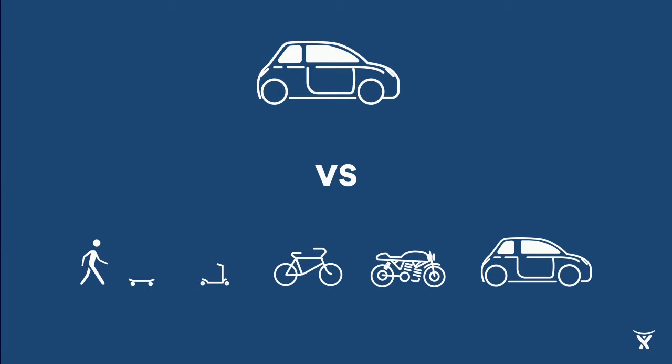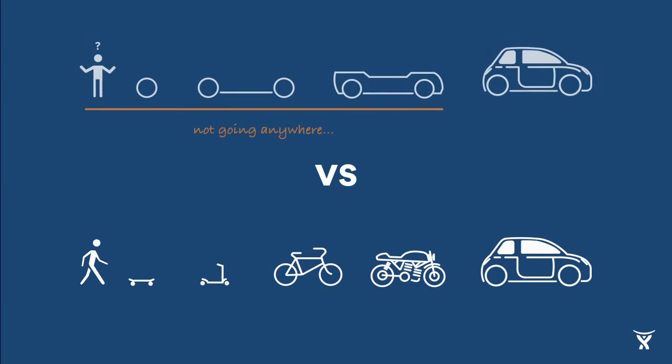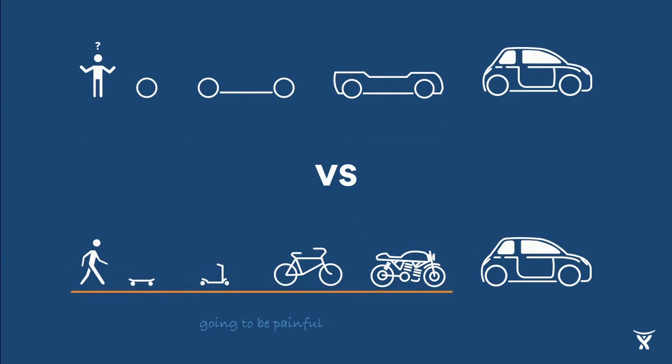And so if we unpack what it would look like to build a car, it would look something like this. You'd start with a wheel, you'd move on to the chassis, eventually a powertrain, and then yay, you get the car, and that probably takes about 3 to 5 years today. But if we keep the goal in mind that the user wants to be going places, that at the end of the day, it's all about getting to that destination, it's going to be painful. You're going to ride on a skateboard, hills kind of suck.